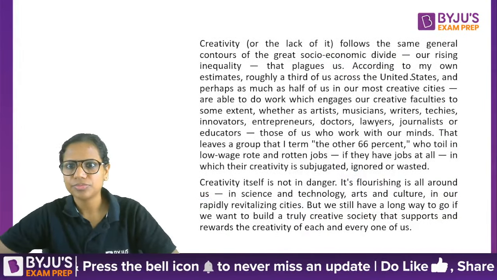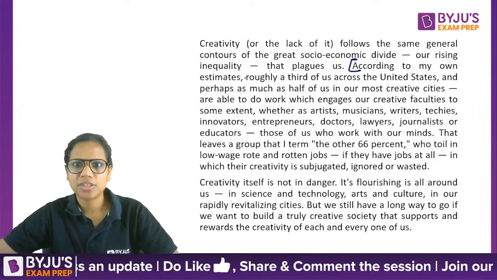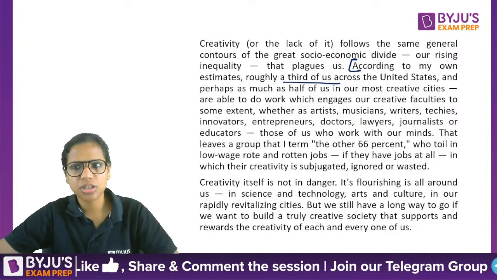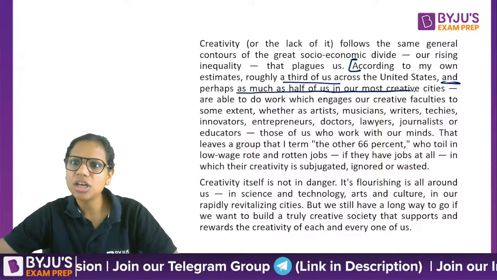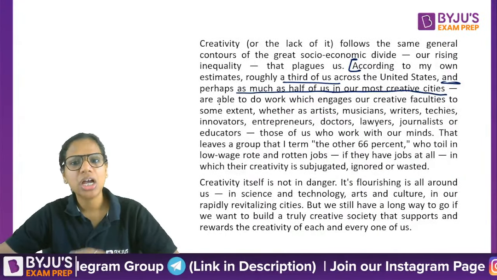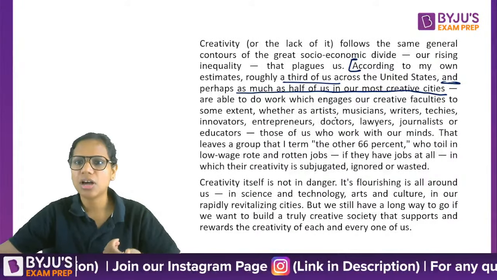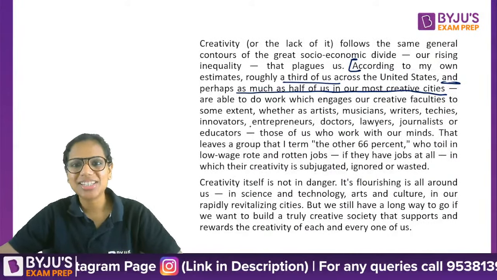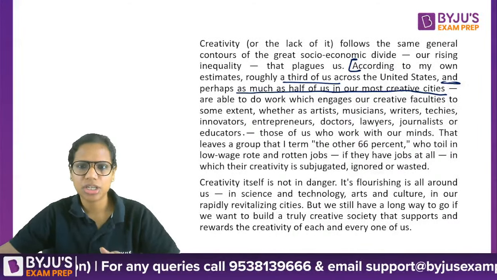So according to my own estimates, roughly a third of us across the US and perhaps as much as half of us in our most creative cities are able to do work which engages our creative faculties to some extent, whether as artists, musicians, writers, techies, innovators, entrepreneurs, doctors, lawyers, journalists, or educators.